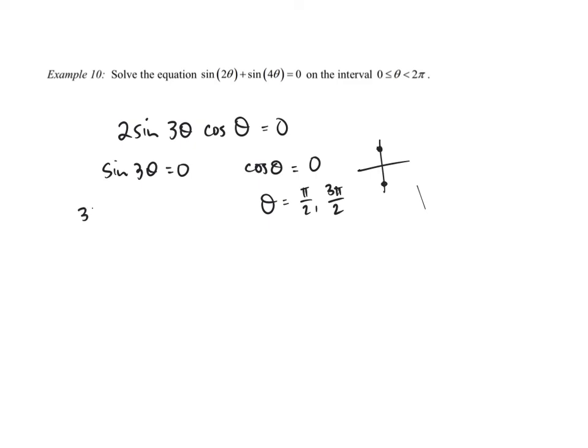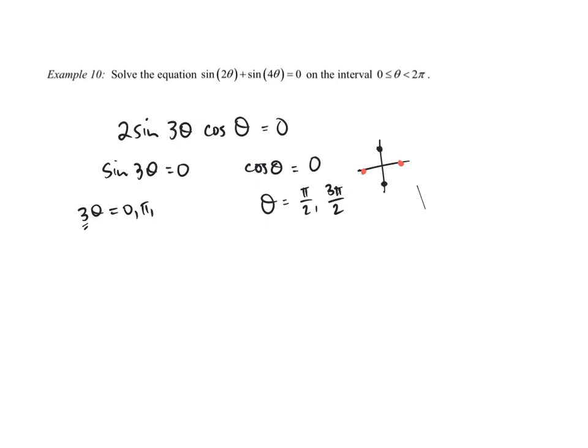Now for this other one, we need 3 theta to equal all of the places where sine is equal to 0, or the y-coordinate. And so that's going to be whenever we're at the right or left hand part of the circle. And so that's going to be 0 and pi. But because this says 3 theta, I'm going to need to keep going until I get all the way to a certain number.